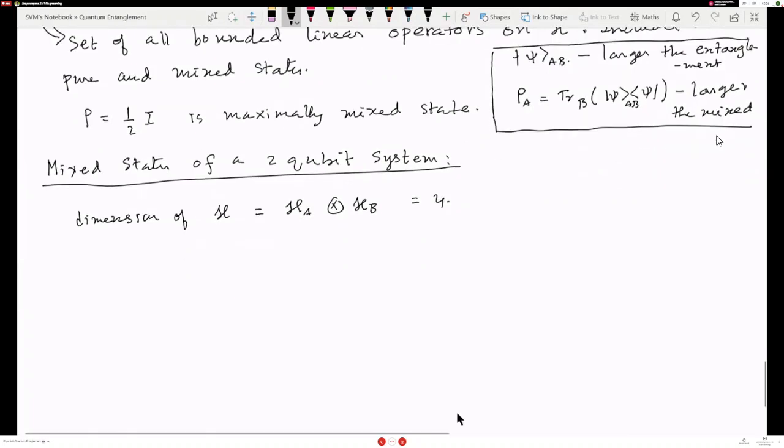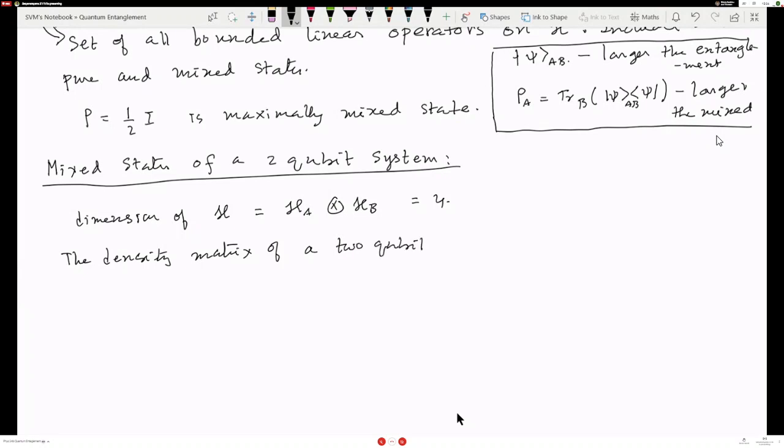So the density matrix of a 2-qubit system is a 4x4 complex matrix.